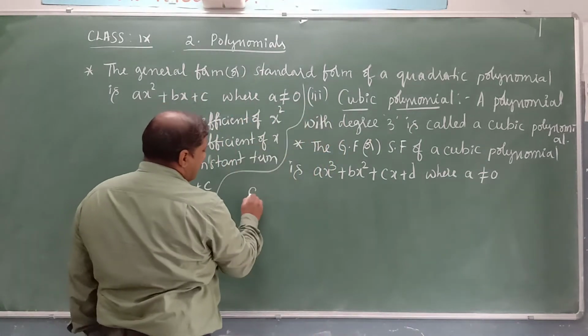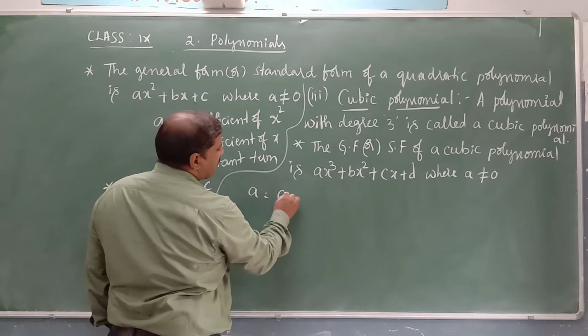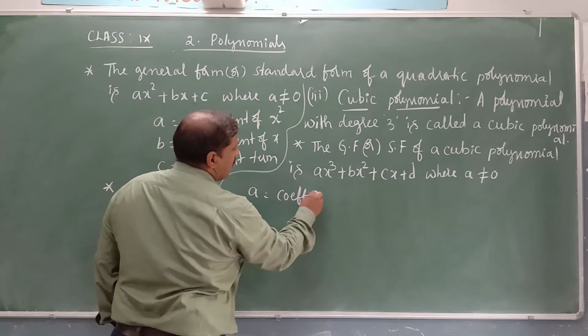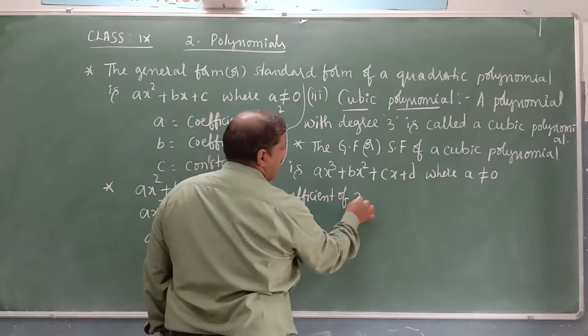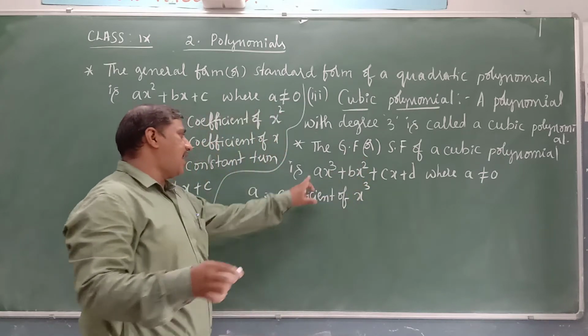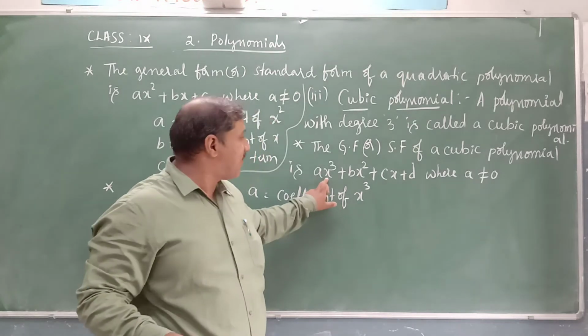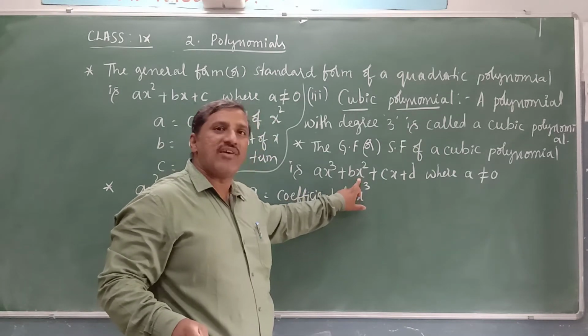Now what is a? A is the coefficient of x cube and b is the coefficient of x square.